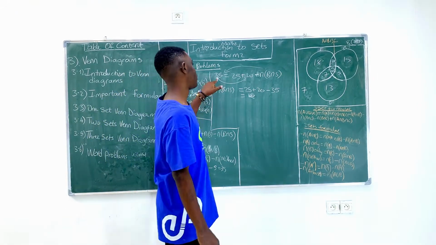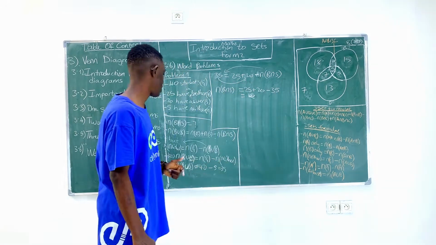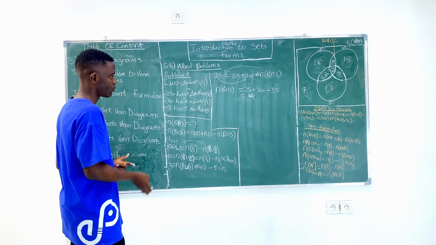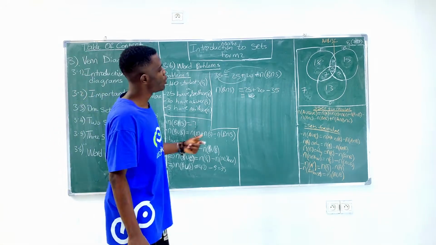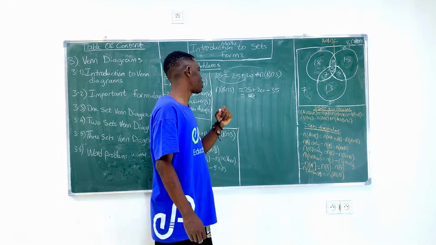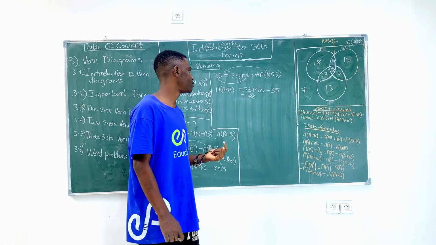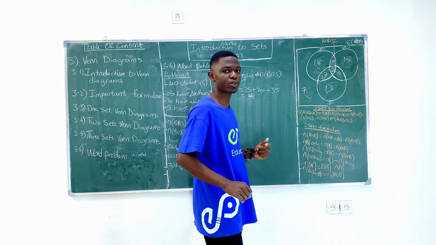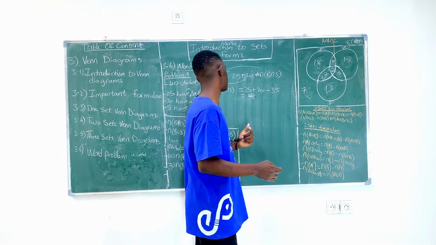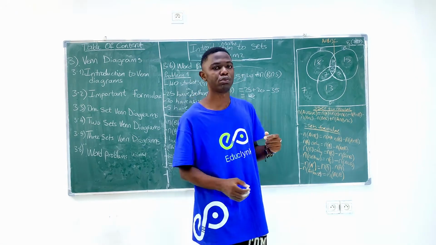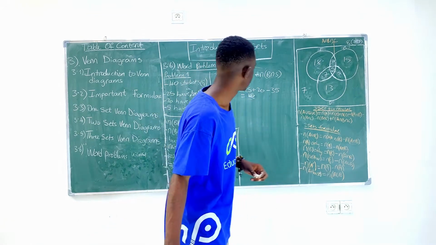So 35 is equal to 25 plus 20 minus n of B intersection S. Then we make n of B intersection S the subject of the formula and perform all the operations. So your answer in your book, you write 10 students both have brothers and sisters.